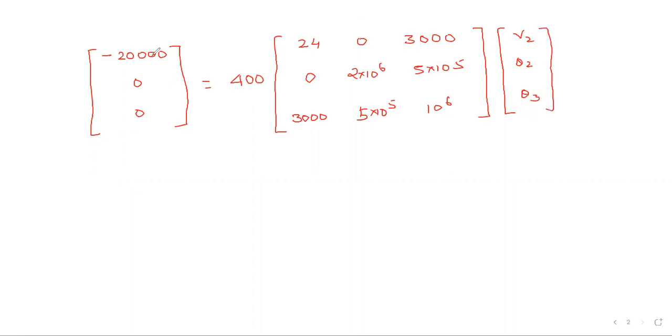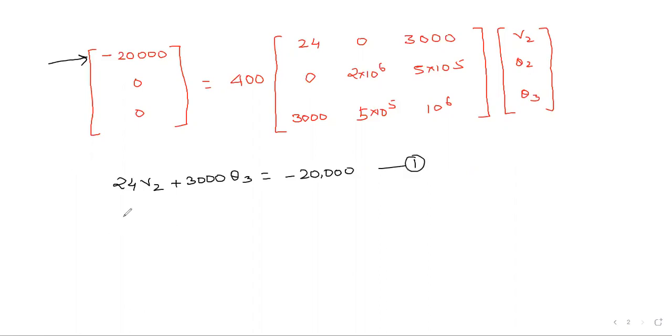First, the equation for V2: 24 into V2, 0 into theta 2 will be 0 only, right? Plus 3000 into theta 3 is going to be equal to minus 20,000. This is equation number 1.